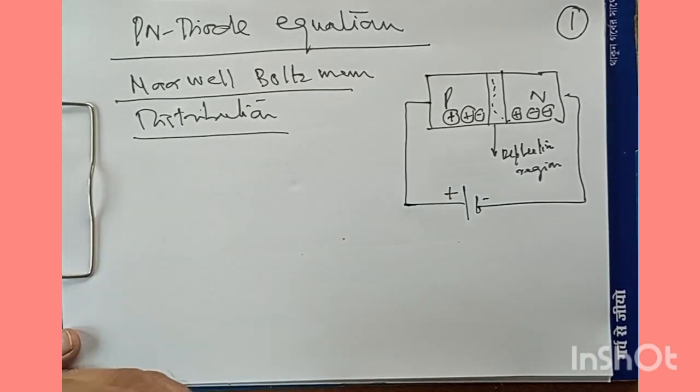So certainly we are taking this PN junction system as a classical system. That's why we will be making use of the Boltzmann distribution function.